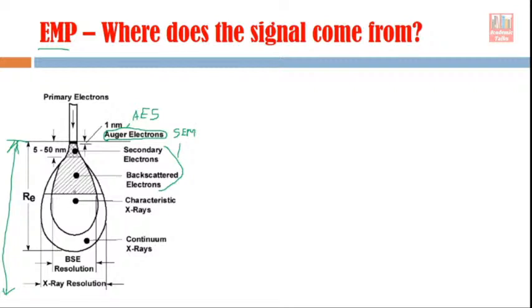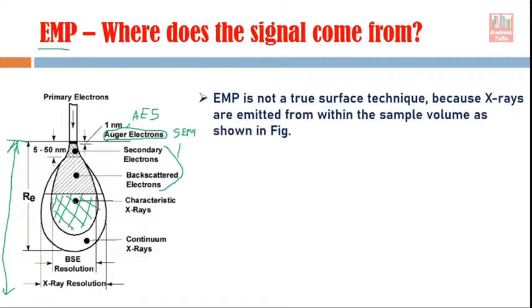But today we are discussing the X-rays which come out of the material because of this interaction with the electron beam. X-rays are produced from this part. That green part, these lines which I am drawing here, is the portion that generates the X-rays. So you can say that EMP is not a true surface technique, because these X-rays are emitted from within the sample volume.